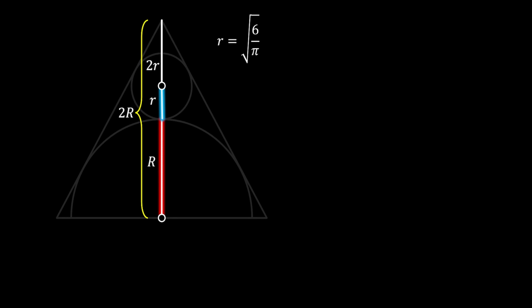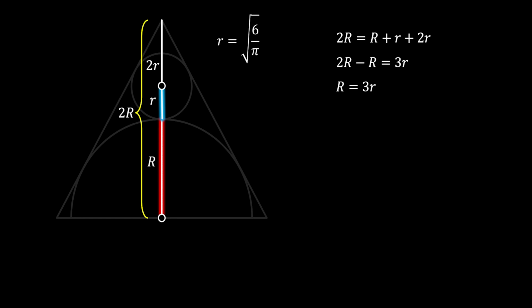From here, we can conclude that the overall length of this line is 2 capital R, and it consists of segments of capital R, small r, and 2 small r. So we can write this down as an equation. We can now work through this by grouping the common terms, and we get that capital R equals 3 small r. This is exactly what we are looking for, the relation between capital and small r.